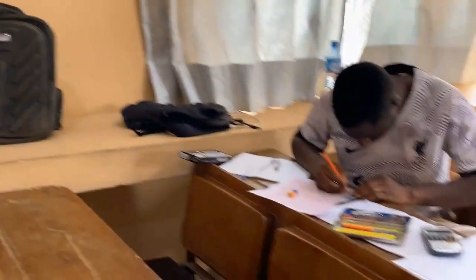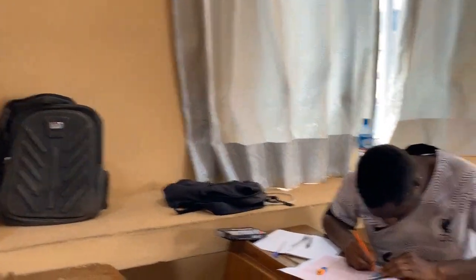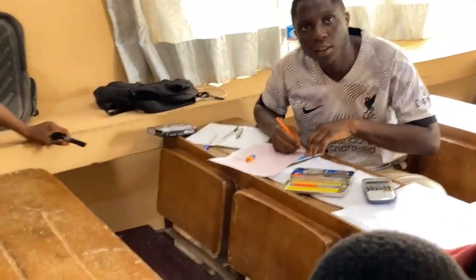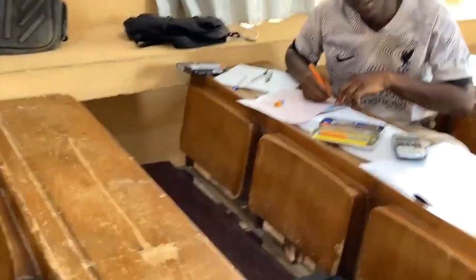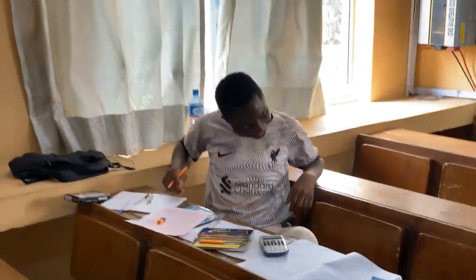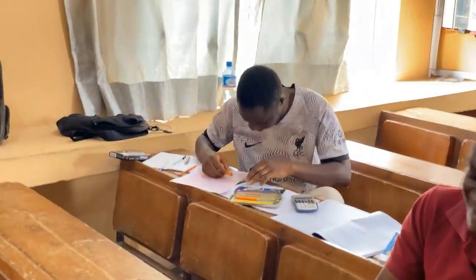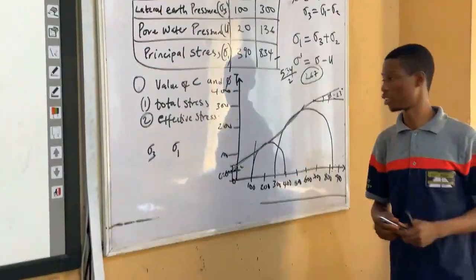Count your graph. 1.1. It's correct. Divide by 2 times 100 is 65. That's for total stress.